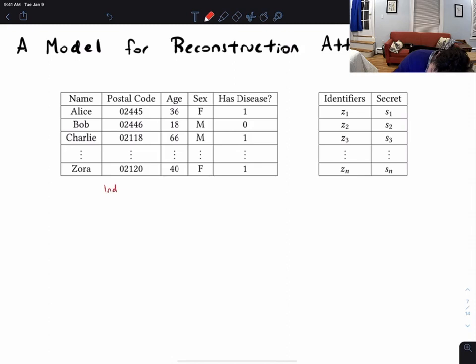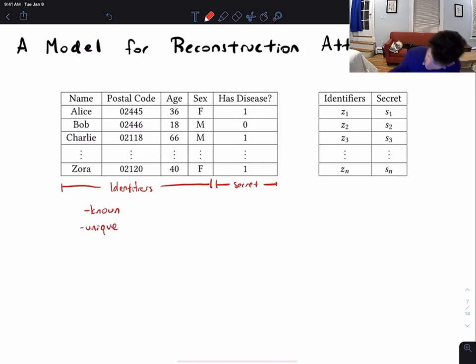So we'll think about it as having identifiers. These are information that is maybe not on its own particularly sensitive, but can be used to identify you, and a secret. And we'll assume that the identifiers are known to the attacker and unique.